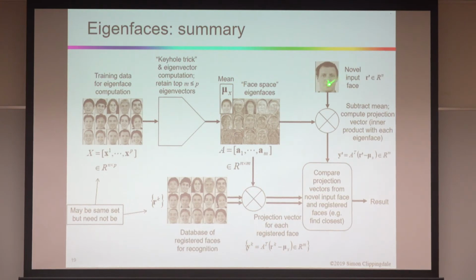Then for an input face, r dash here, we do the same thing with that: take the inner product of that with all these, get a vector y dash, and compare y dash to all our various yk from the registered faces. And whichever is the nearest in some sense, that will give us our recognition result.